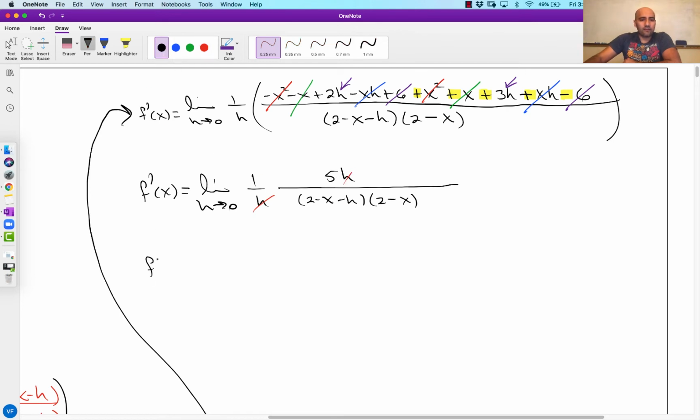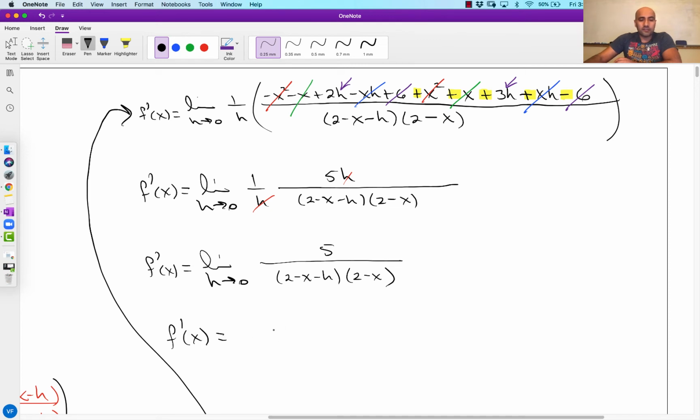And so we get f prime of x equals the limit as h goes to 0 of 5 over 2 minus x minus h, 2 minus x. And now we've gotten to a point where if we replace the h with a 0, we won't be dividing by 0, right? It's a rational function. And we know from our work with limits that the limit of a rational function is equal to the value of that rational function evaluated at that value for the limit. So we can just replace the h with a 0.